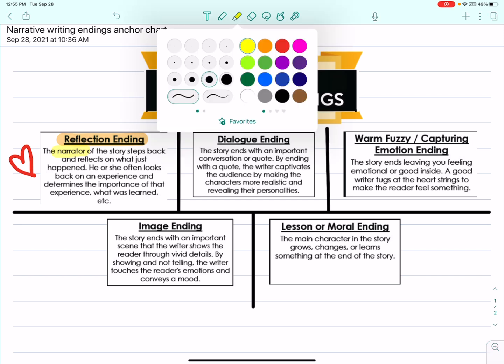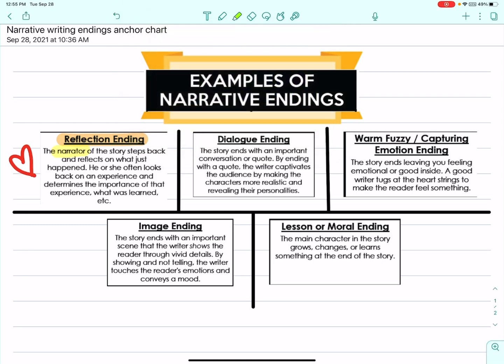The next ending is dialogue ending. And dialogue, as you may remember, is talking. So it says the story ends with an important conversation. So the important conversation could be your character and another character. It ends with a quote. The writer captivates the audience by making the characters more realistic and reveals their personalities.